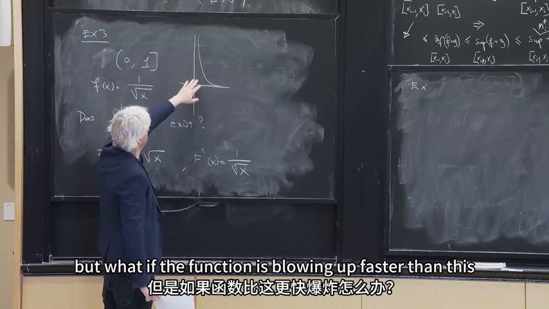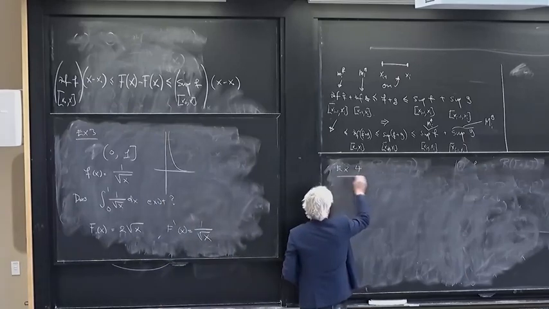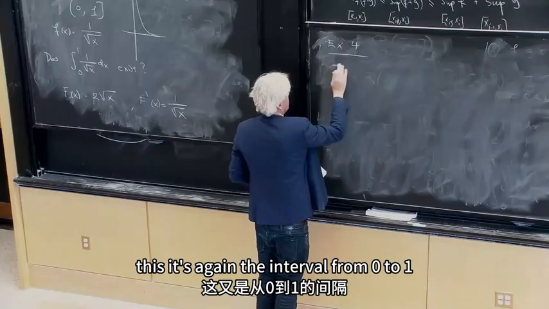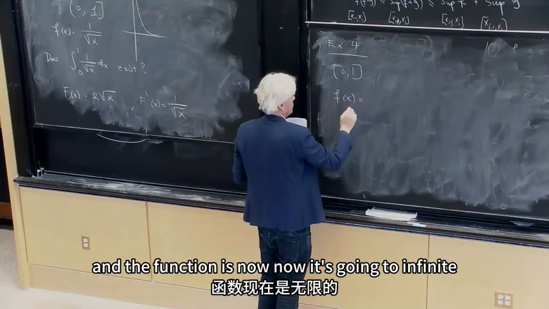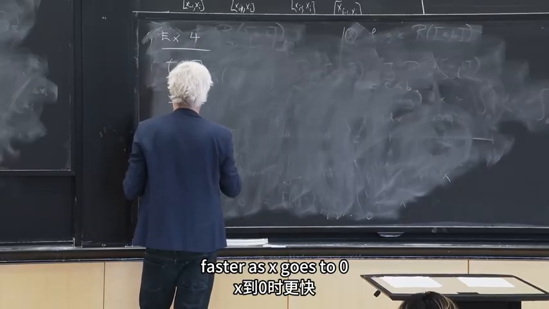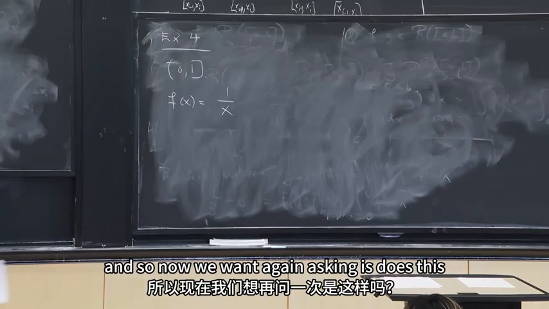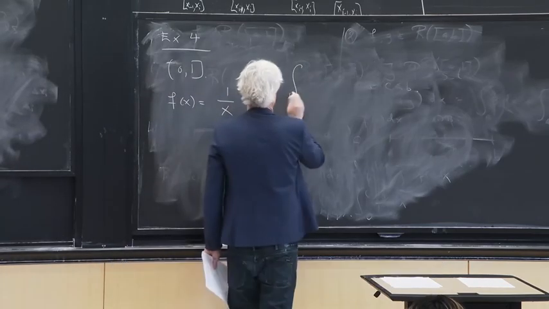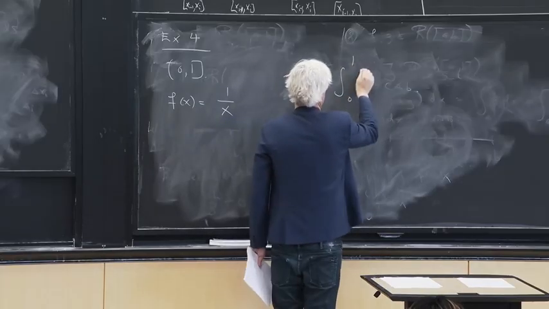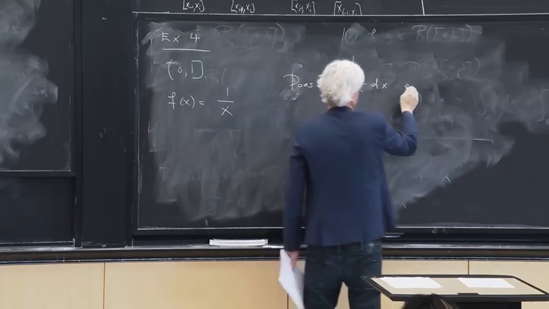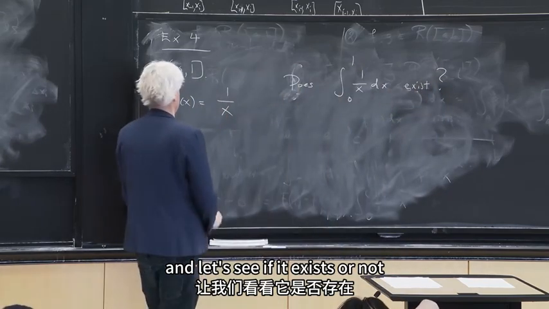But what if the function is blowing up faster than this? So this is an example like this: again the interval from 0 to 1, and the function is now going to infinity faster as x goes to 0. So this is the function. And so now we are again asking, does this improper integral exist?